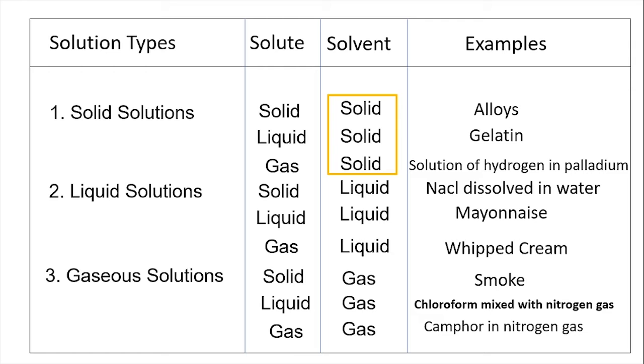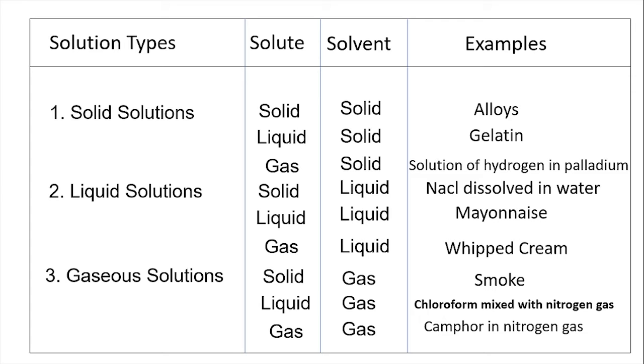In a liquid solution, the solvent is liquid. And in a gaseous solution, the solvent is gas. The solute may be solid, liquid, or gas. Below in the table, each combination is summarized with an example. We will focus only on liquid solutions in this chapter.